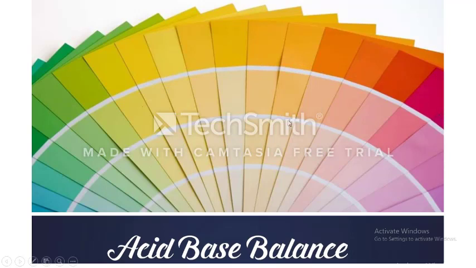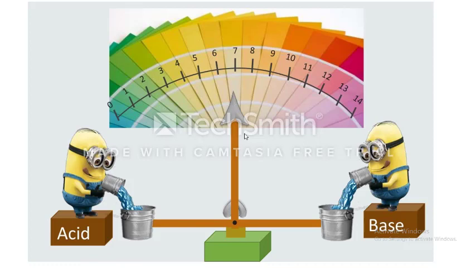So here you have the acid-base balance at this point. How the acids and bases are, there is a balance. If you have acid and base in equal amounts, you have a balance, and you have a pH of 7, that is neutral pH. At this point the solution is neither acidic nor basic.